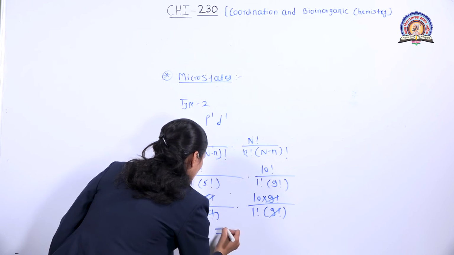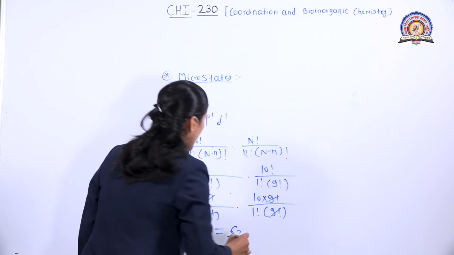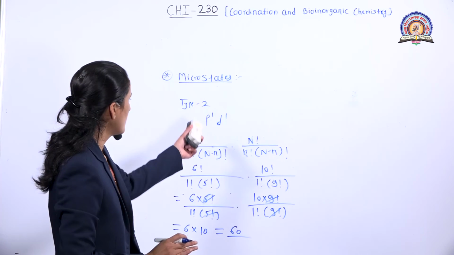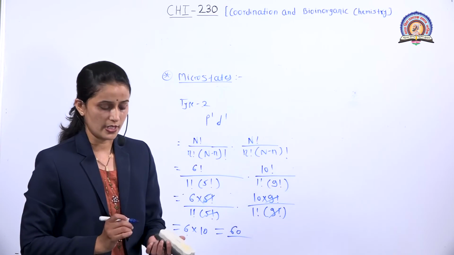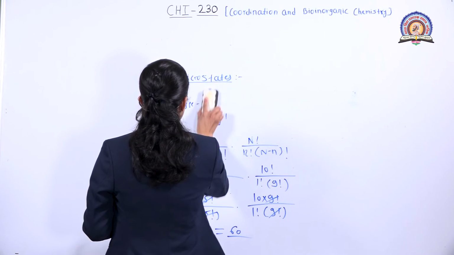So the total number of microstates for P1 D1 is 60. So we can arrange the P1 and D1 configuration in 60 ways. This is the second type. Now let's see the third type.